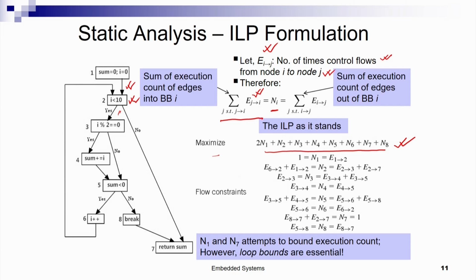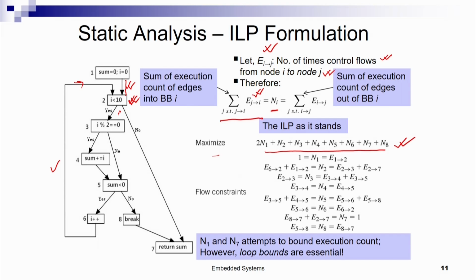For example, how many times does control flow into basic block 2? It is E12 plus E62. So, the number of times control flows from 1 to 2 and from 6 to 2, these two together tell me the number of times that control flows into basic block 2.